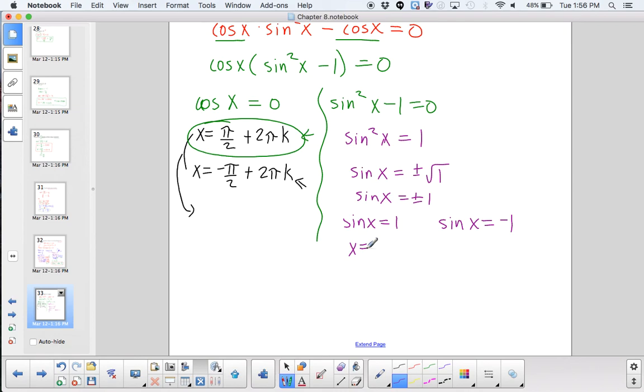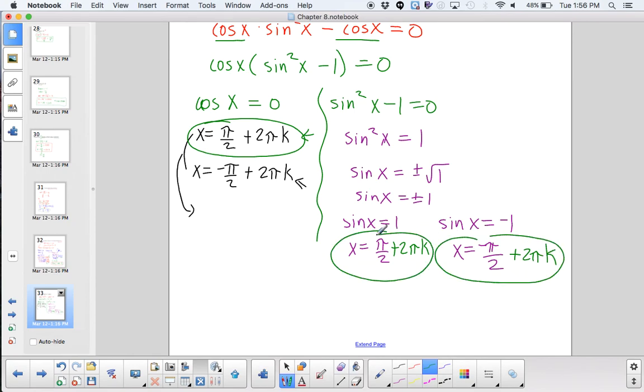First of all, in this case, you get pi over 2, and in this case, you get negative pi over 2. Okay, and both of those need to be equations. Okay, so these are the three equations that would represent our solution set. And that's all I have for section 8.3.